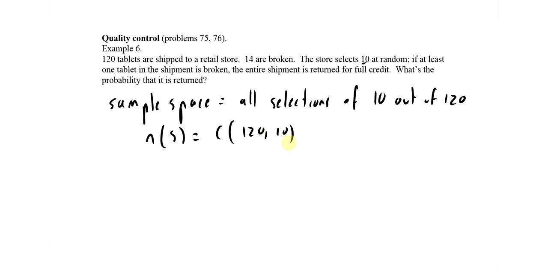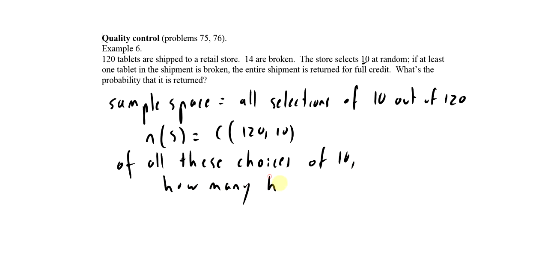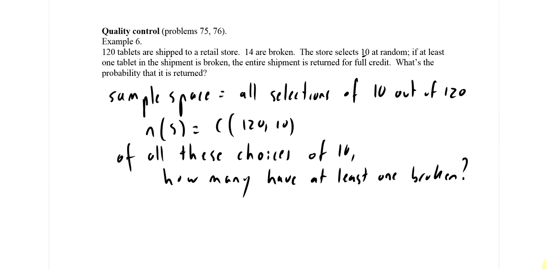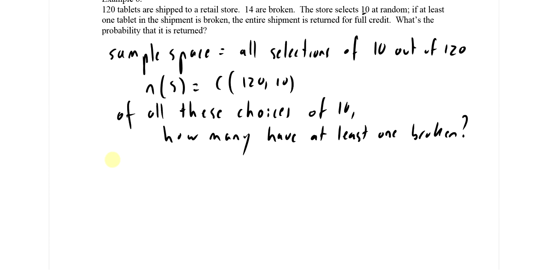C(120, 10), which is actually a very large number. Of all these choices of 10, how many have at least one broken one? Well, that's hard to answer, but the complement is actually pretty easy to answer. What's the complement?